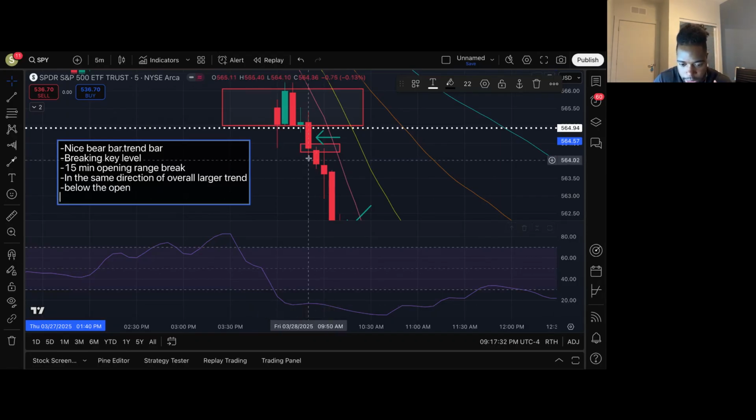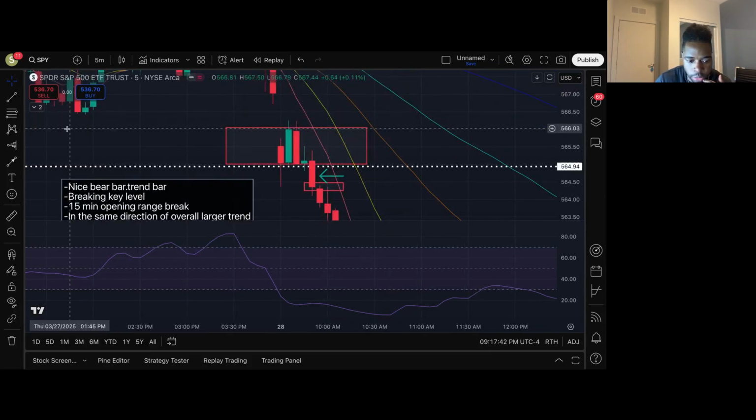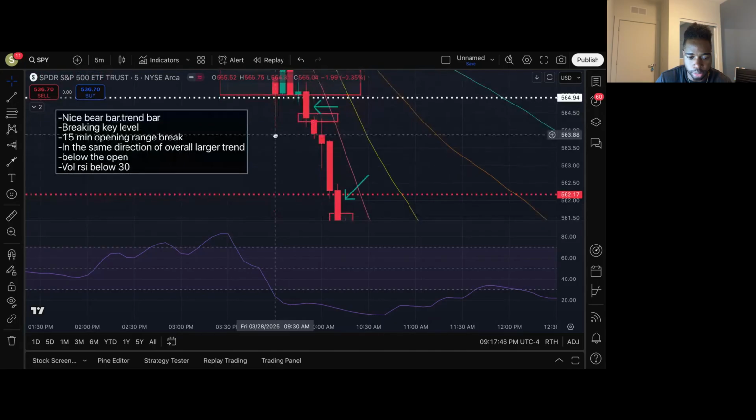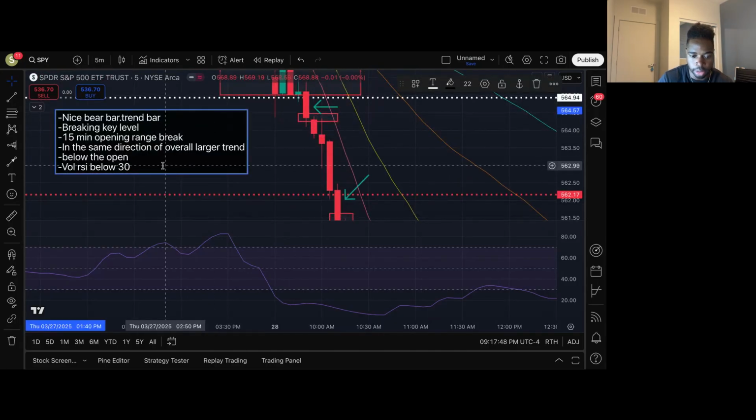The volume RSI here is below 30. Okay, what else is going on here? We're below the moving averages. Not only are we below the moving averages, but the moving averages are all inverted.